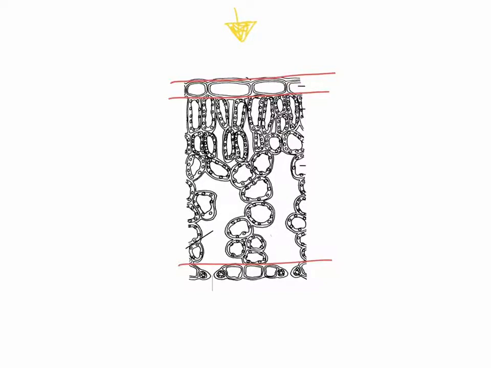Your skin has a layer of epidermis. And so epidermis is like a lining tissue. So we've got the upper epidermis at the top here. And you've probably worked it out, we've got the lower epidermis at the bottom.